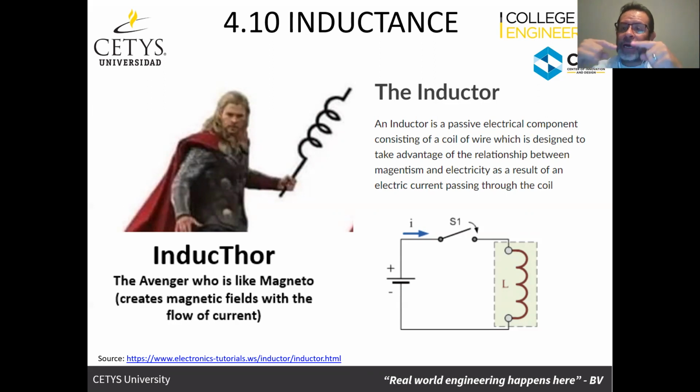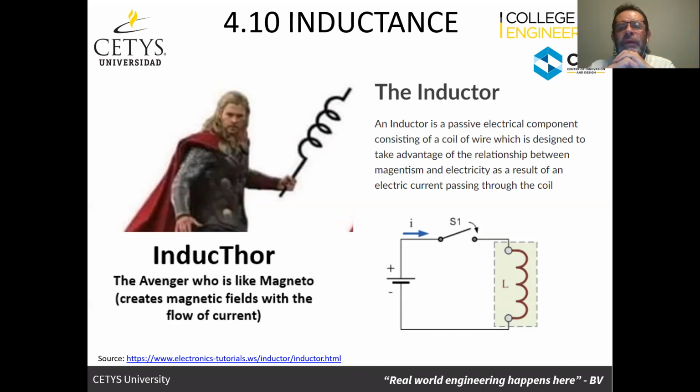And basically an inductor is generated by a coil. Remember that if we have a coil and that coil has current going through it, we're going to generate a magnetic field. So there are properties related to that relationship between the coil and the magnetic field, and that component is called an inductor.